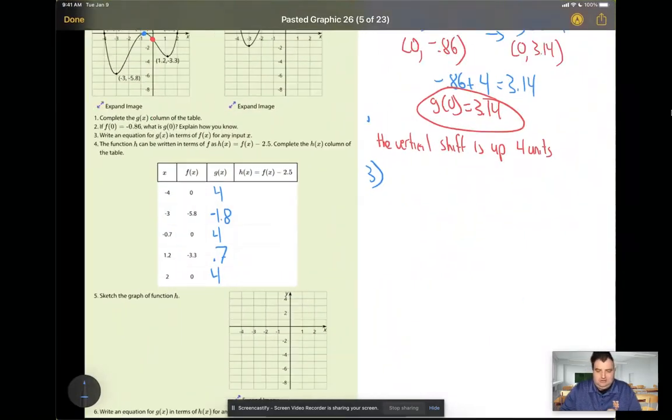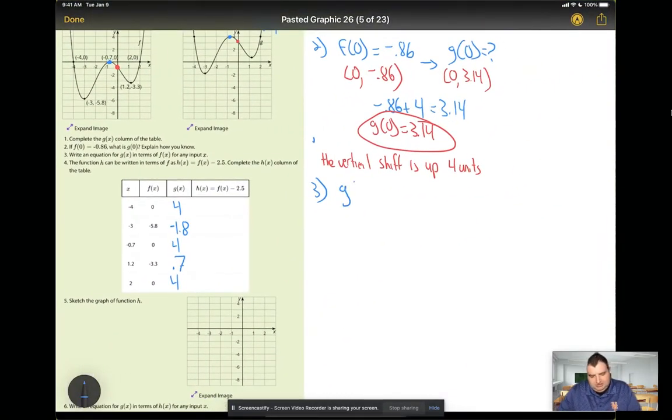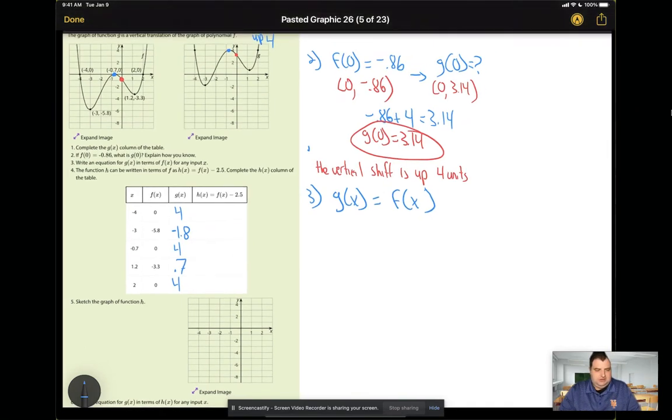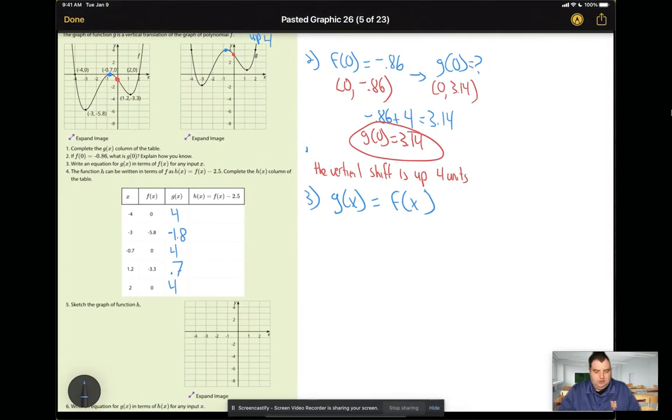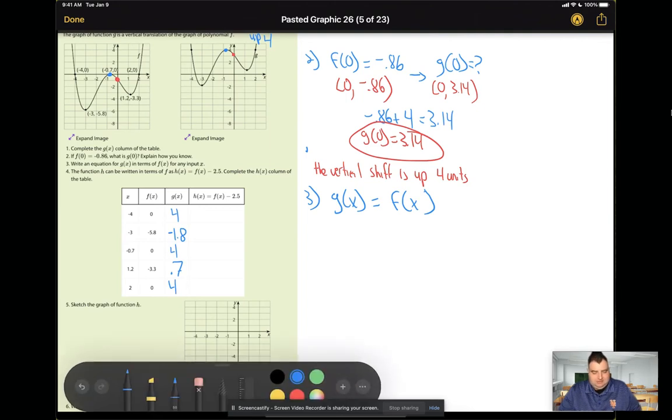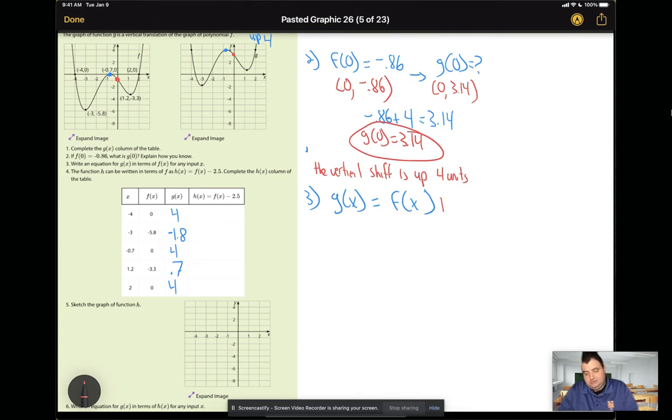We're going to write it as g of x equals f of x. And our vertical shift, we said, was up 4. So we're not going to do the opposite, meaning we're going to write it as plus 4, and we're going to put that plus 4 outside the parentheses.